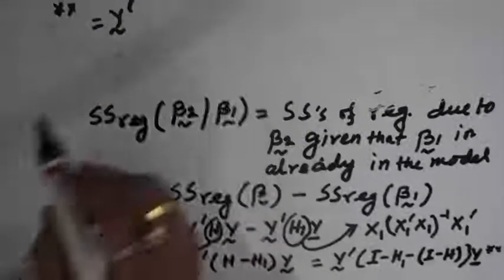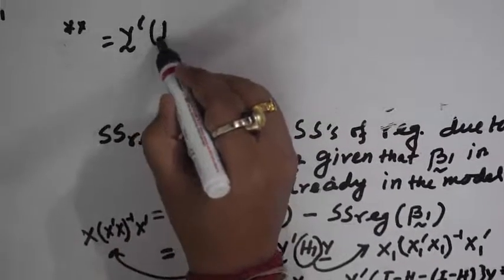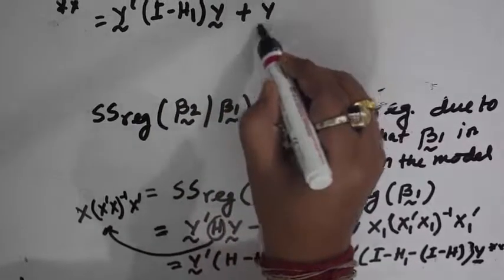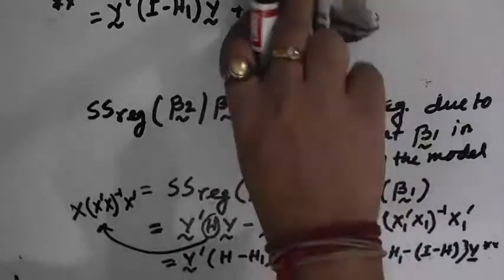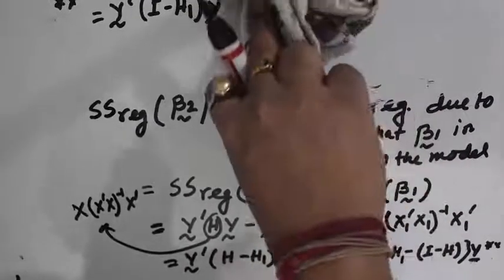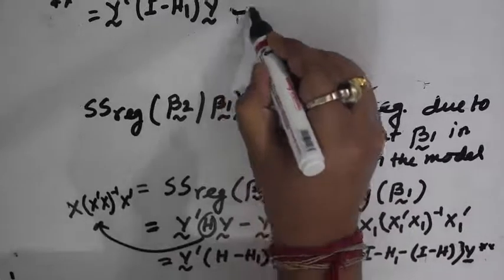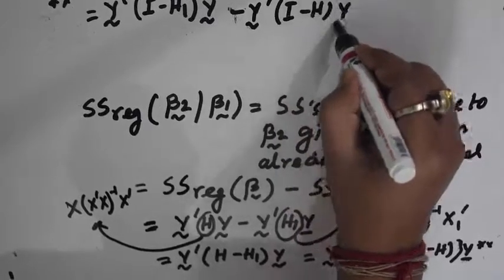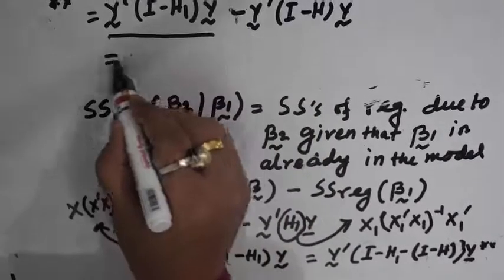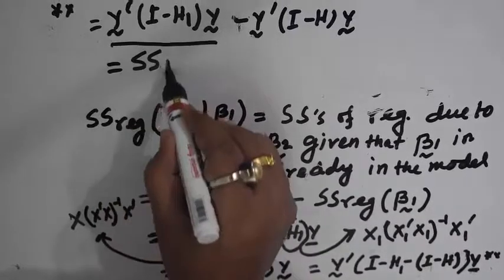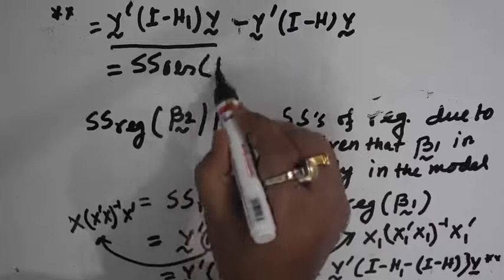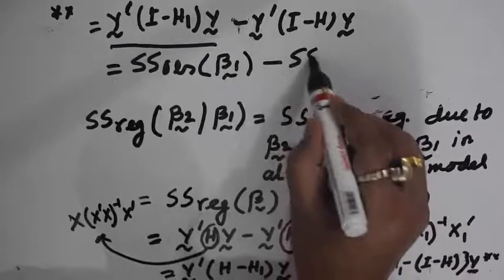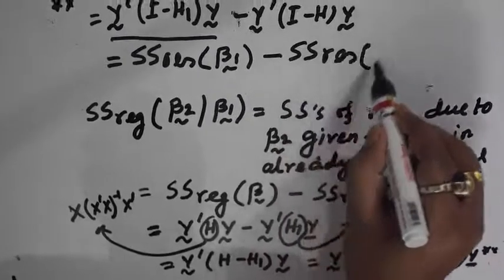So this is equal to y curl prime I minus H1 y curl minus y curl prime I minus H y curl. This is nothing but the sum of square due to residual for the reduced model, and this is nothing but the sum of square due to residual for the full model.